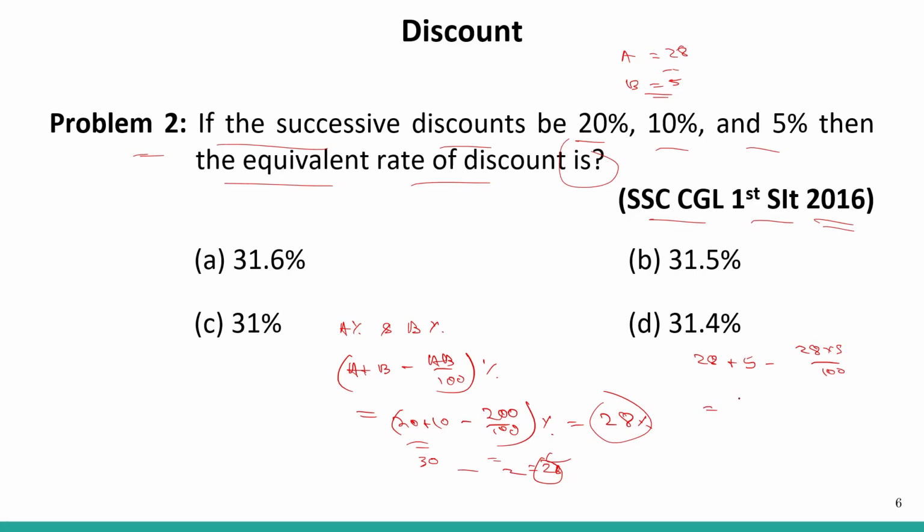This will be 33 minus 140 by 100, which is 33 minus 14 by 10, which is 33 minus 1.4. So this will be equal to 31.6. So 31.6% is the correct answer. Option A is the correct one, that is 31.6, and options B, C and D are all wrong. This question appeared in the SSC CGL first sitting 2016 paper.